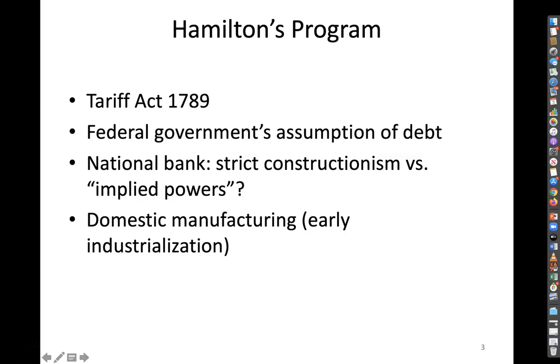All right, so in a way, the tables are turned here. Hamilton and Washington are in the same position that, let's say, Grenville was, or Charles Townshend, right, or Parliament as a whole during the colonial crisis.